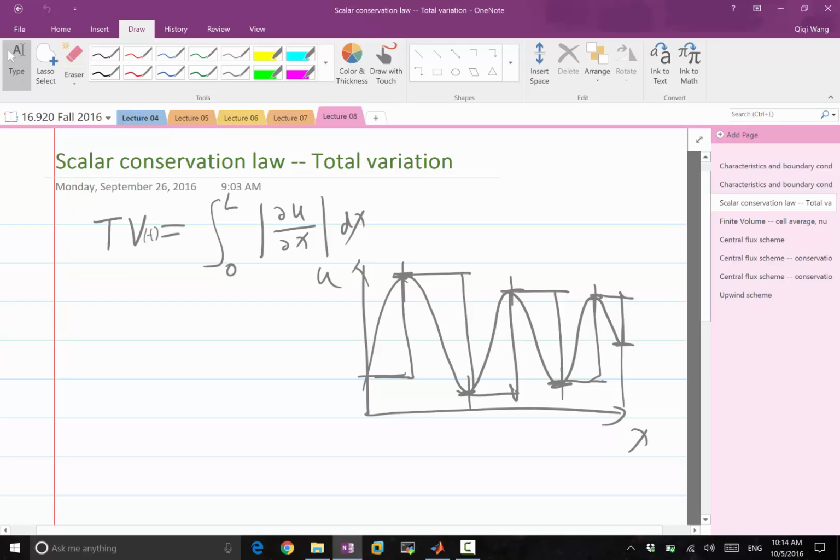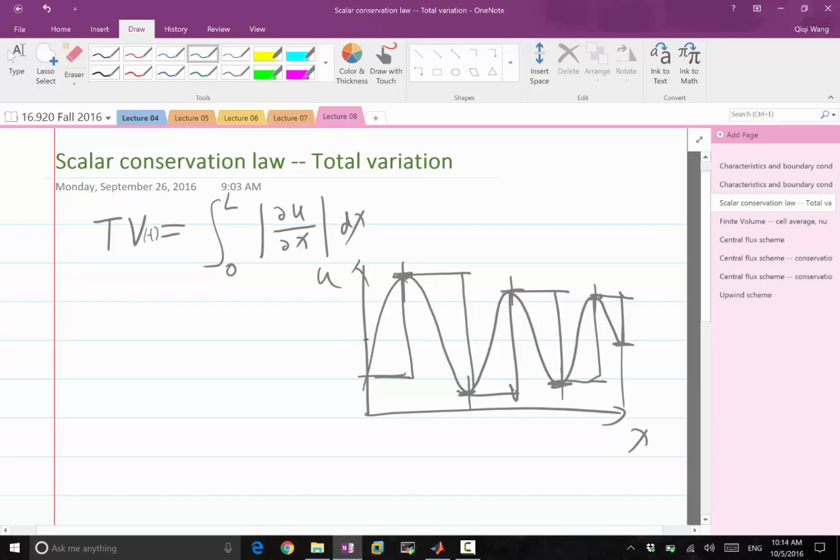And for any conservation law, how would this function evolve? So here we don't have any discontinuity, right? So the function would just evolve according to the local wave speed. So for example, for Burger's equation, the positive side would evolve towards the right.